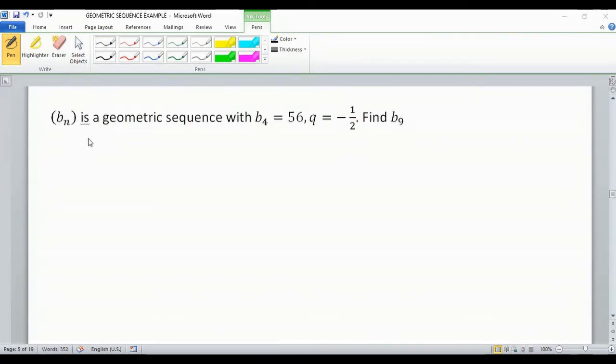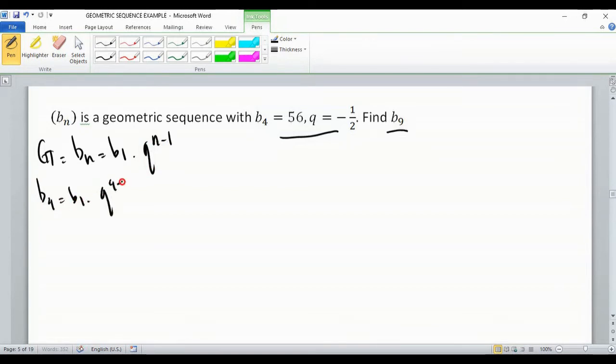Bn is a geometric sequence with the fourth term 56, and with k equal to minus half, find B9, right? So from here, from the general term, we can use Bn equals the first term times k power n minus 1. We have this before, but we don't have the first term. So we can use the fourth term to find the first term, times k power 4 minus 1.